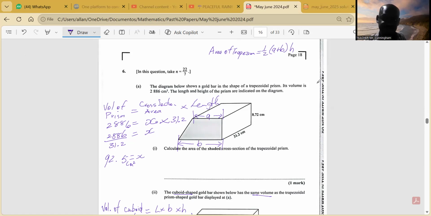Volume of a prism is equal to the cross section, which is the same shape at the front, which is the same shape that goes through and will be found at the back.